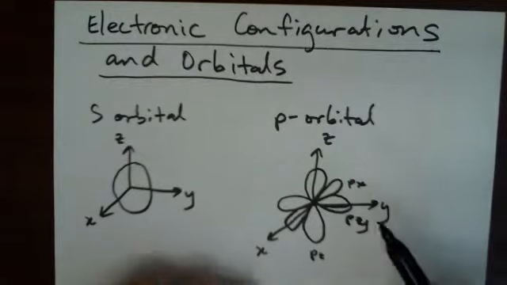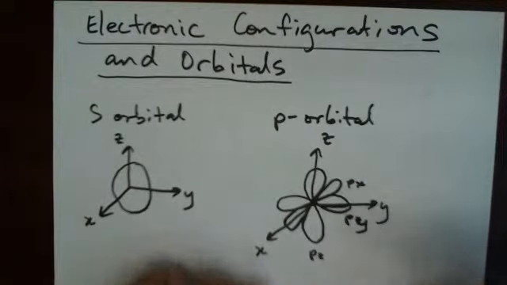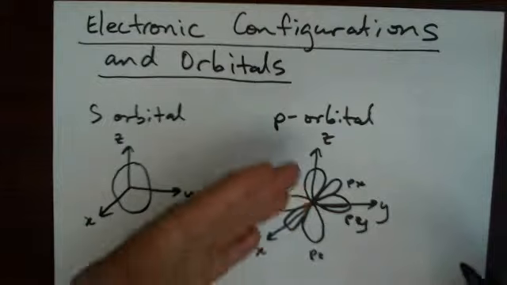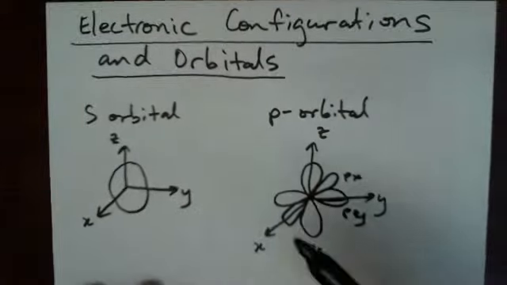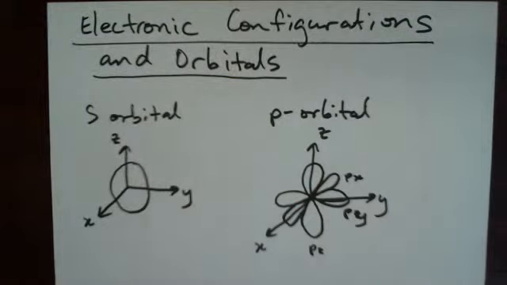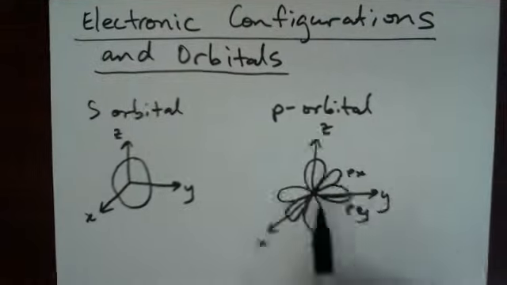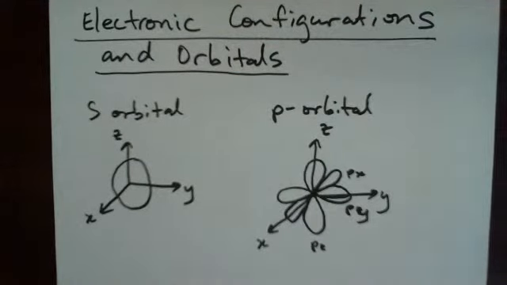So you'd have a dxy orbital, which would be in the xy plane, and so forth. We won't worry about that, but just know that it looks something similar to a p orbital.